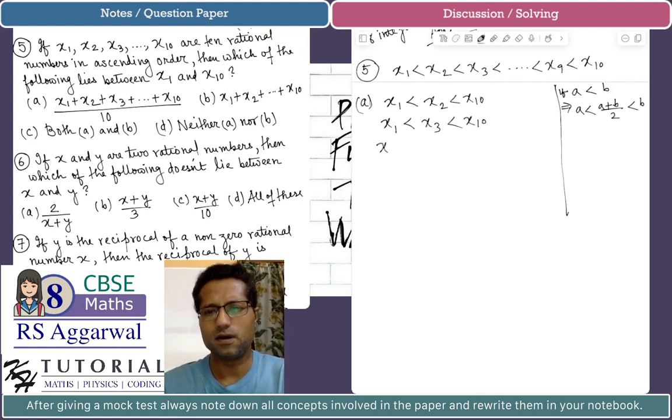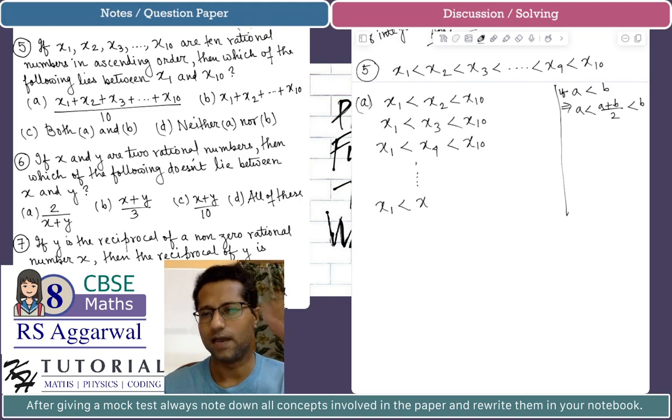Similarly, for x4 we can say that x4 will be greater than x1 and less than x10. Like this, x9 is also lying between x1 and x10, so x9 is greater than x1 and less than x10.